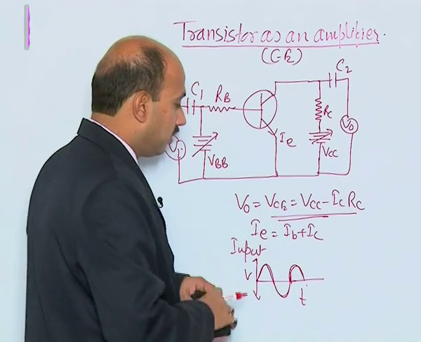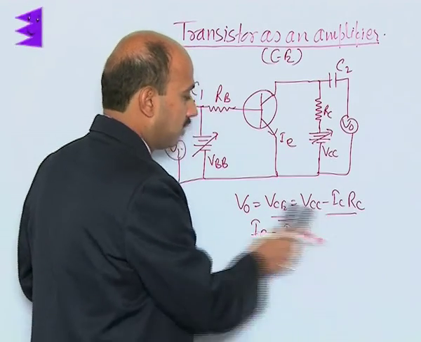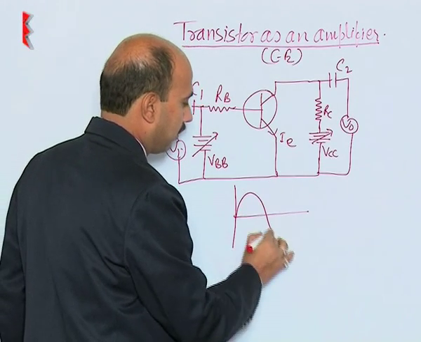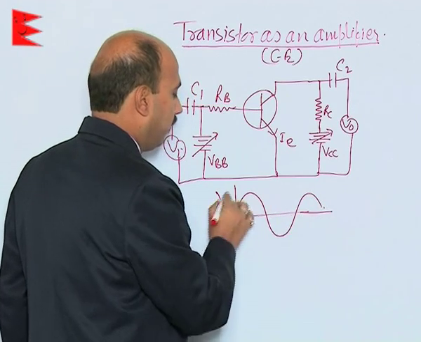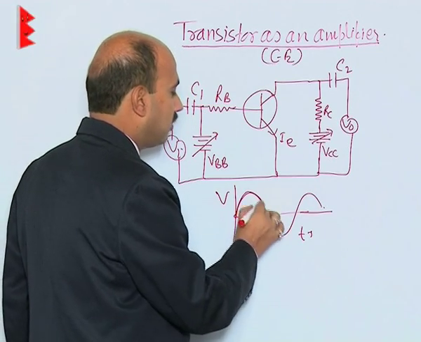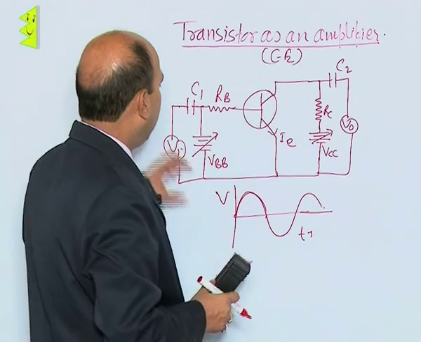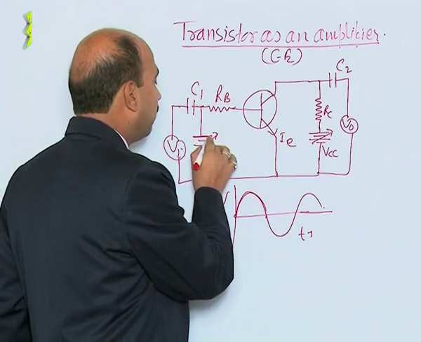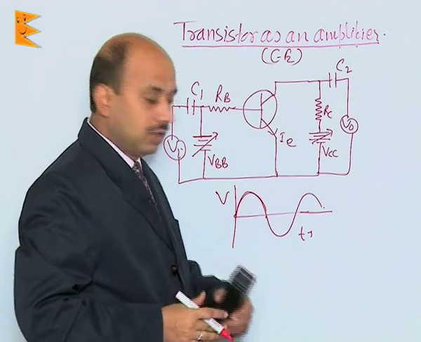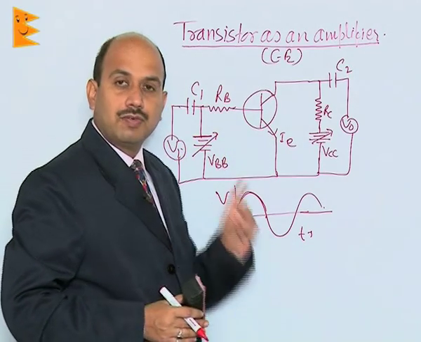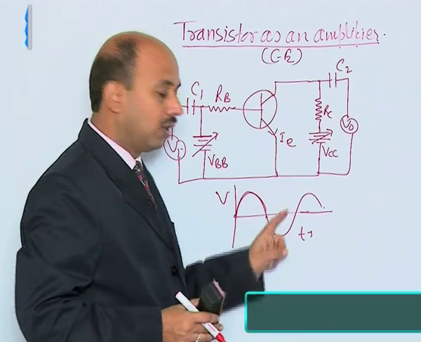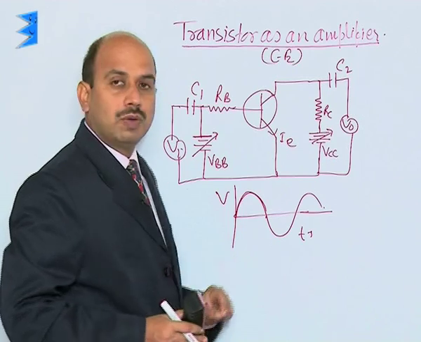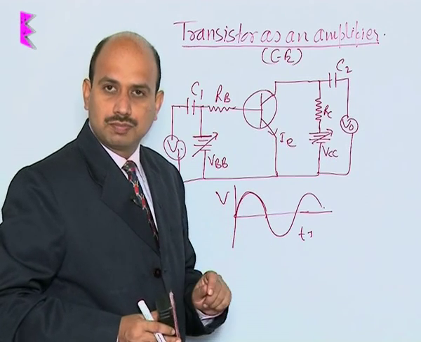Now, first case, when the input voltage is coming positive, I am redrawing the diagram like this, Vi and Vo. When this input is positive, then this is already the forward biasing with the positive. So this positive cycle, the first half cycle of this alternating voltage, is supporting the forward biasing of the input junction.